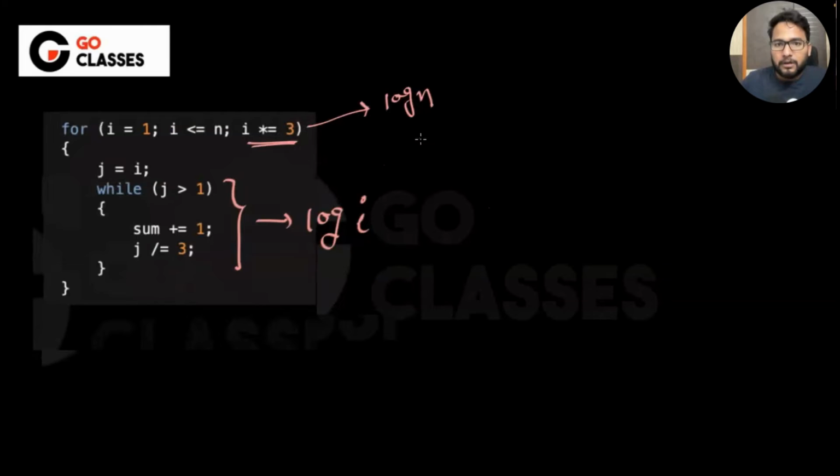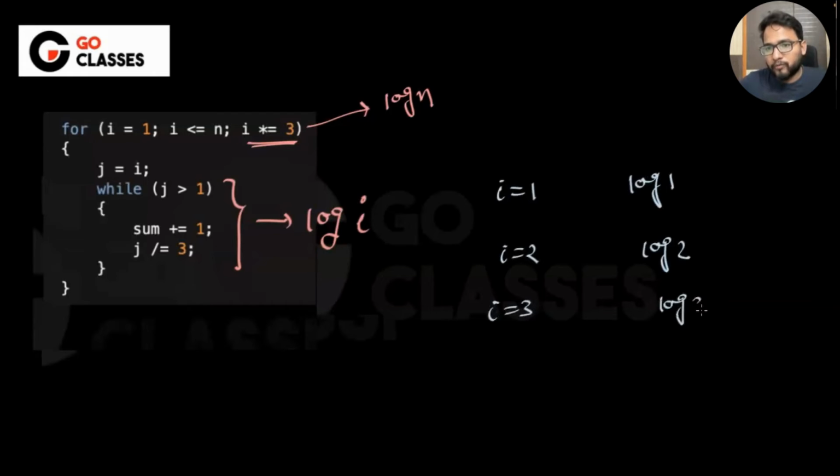Now, this is log of n time, and this is log of i time. Let me do one calculation which will be a little wrong, but still I'm doing it. So for i equal to 1, the inner loop is going to run log of 1 time. For i equal to 2, log of 2 times. For i equal to 3, log of 3 times.